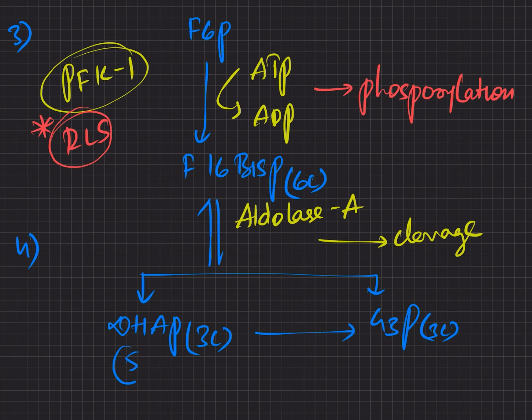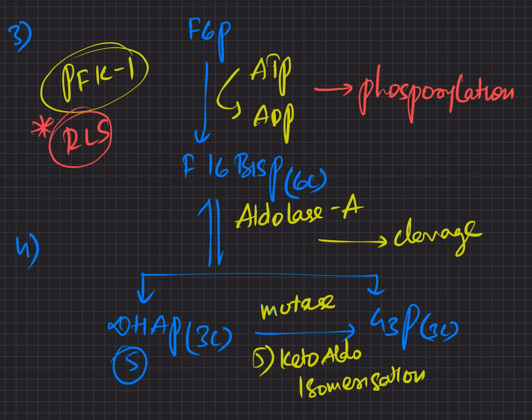Now what is the fifth step? The fifth step is DHAP being converted into G3P, glyceraldehyde 3 phosphate. This reaction happens with the help of the enzyme mutase. This reaction is keto-aldo isomerization. Now, how many molecules of G3P are formed? By the aldolase enzyme, one molecule is formed.